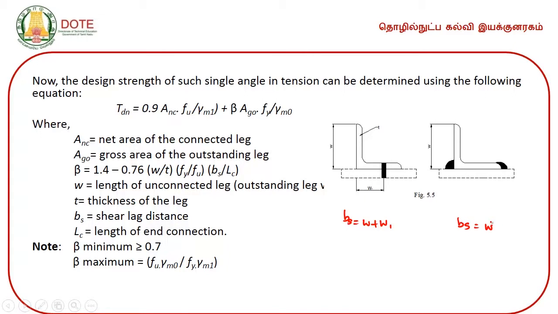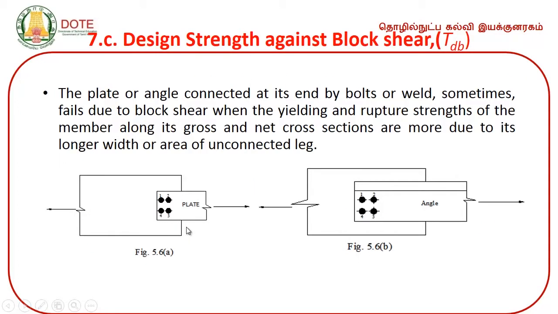So, shear lag distance is very important for the calculation, and Lc is the length of the connection. Again, for this beta value, you have the minimum value and the maximum value as well as the actual beta value. The minimum is 0.7, which is prescribed in the code, and the maximum value is the ratio of the stresses, Fu into gamma m0 divided by Fy into gamma m1. So, that is how you have to calculate the net area for tensile member under rupture.